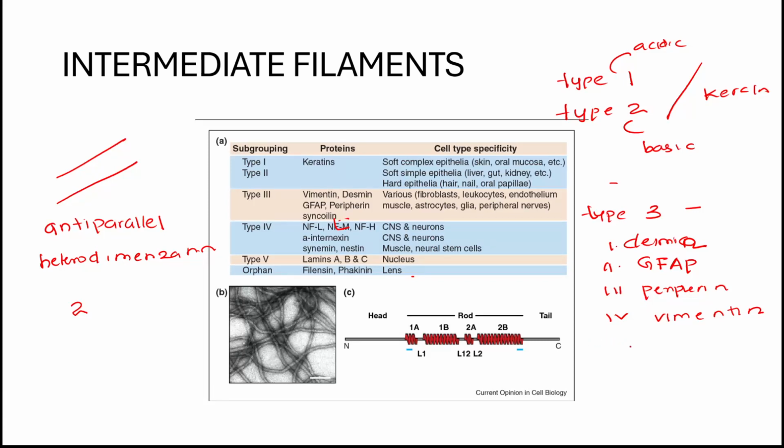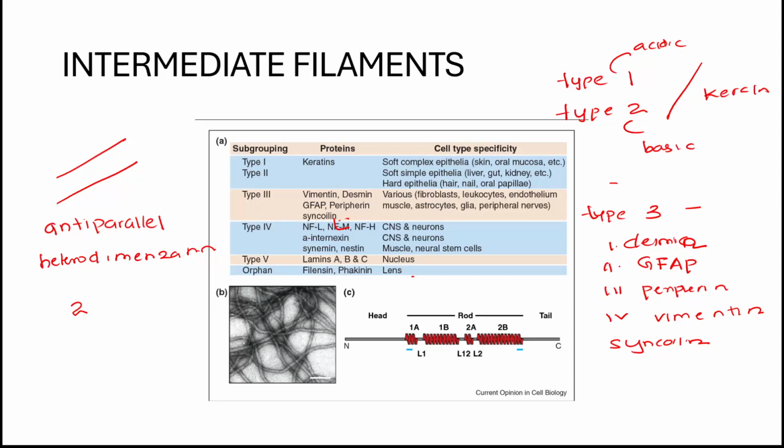In addition to this, you can also see another atypical type of protein which is known as syncoilin. Not important, but just if the term is given somewhere, you should know that this is a type 3 intermediate filament. In addition to that, there is type 4 as well.